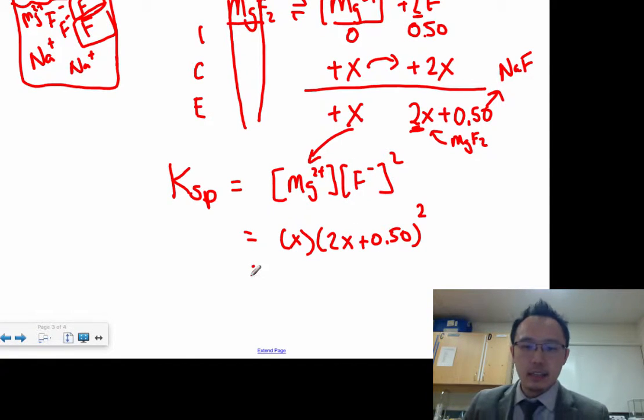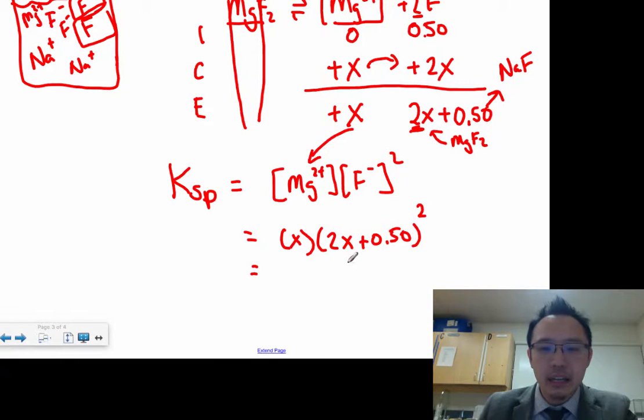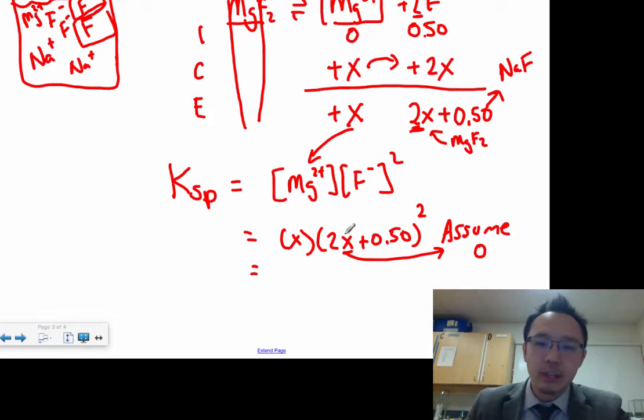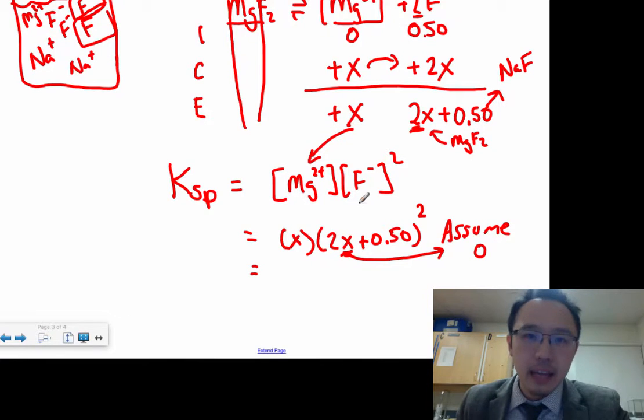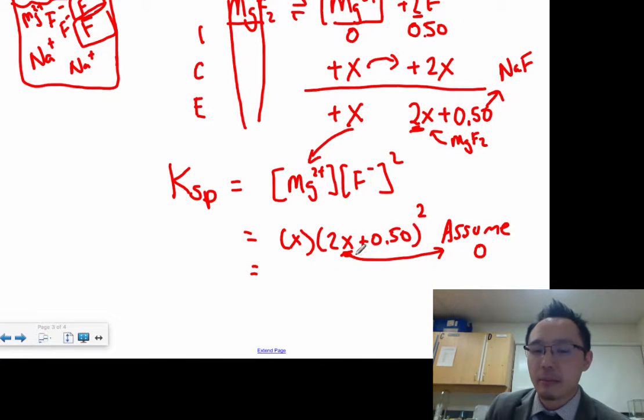The next thing is the key step in a common ion problem, because you're adding something in. This X is what we're adding in. To keep it simple, we're going to assume that the 2X is approximately 0, because we assume the fluoride ions we're adding in aren't going to play that big of a part. If we don't, we're going to have a quadratic, which makes it a lot messier.